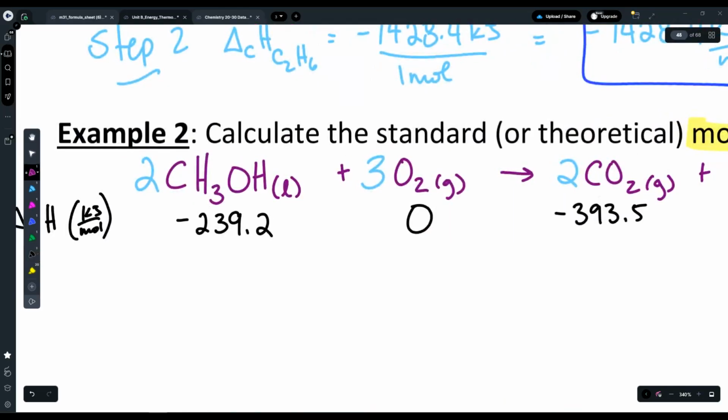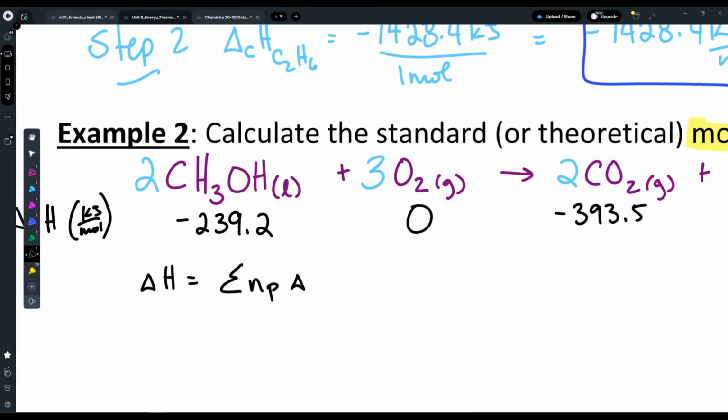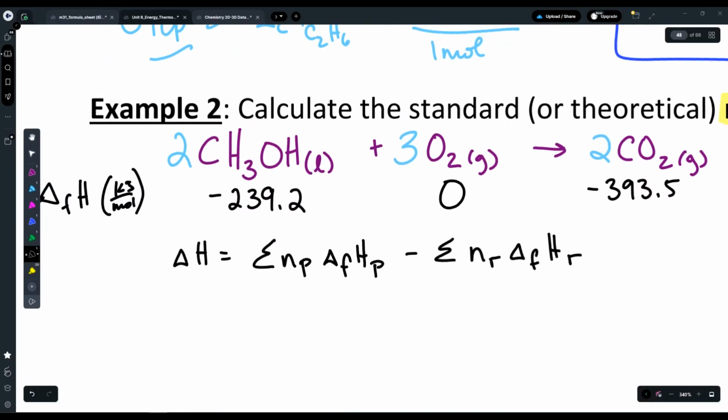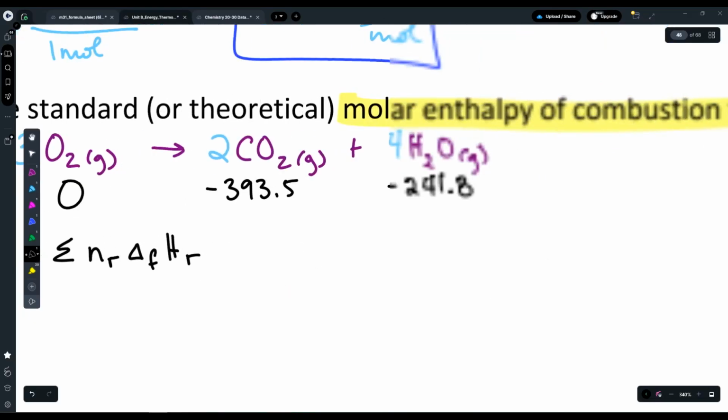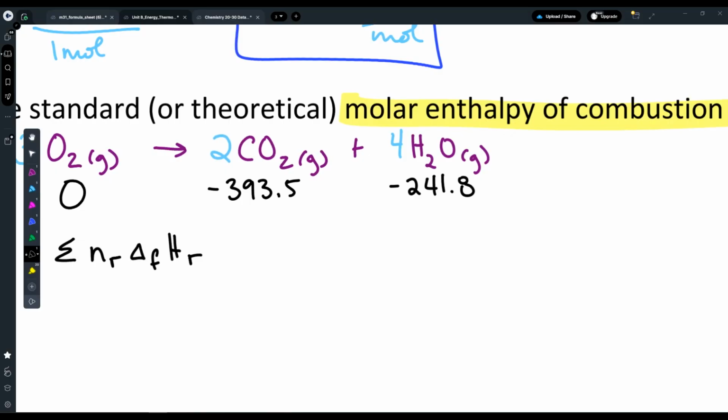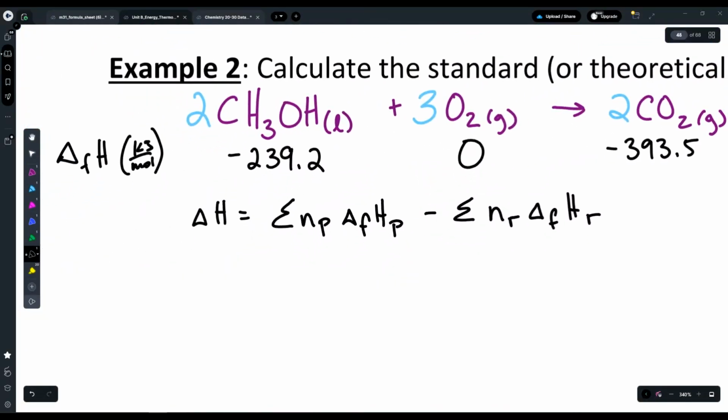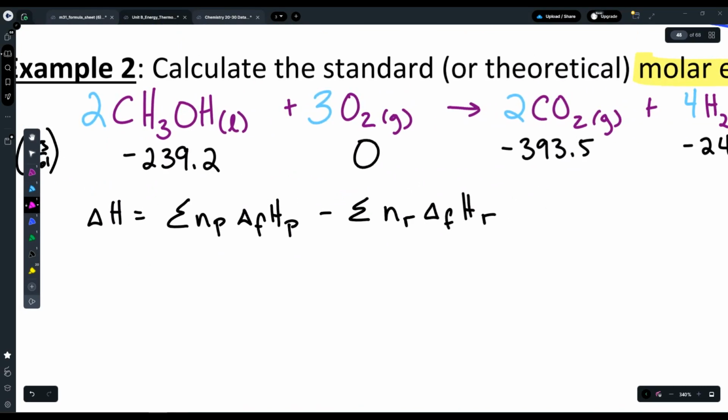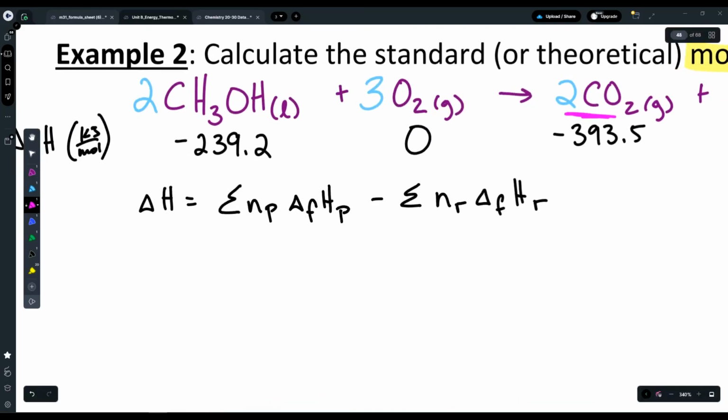All right. So I'm going to write out my formula, and then we'll get rocking and rolling on this. Remember, it's products minus reactants. So I have to start with my products first, the carbon dioxide and water vapor. We're going to use pink for carbon dioxide.